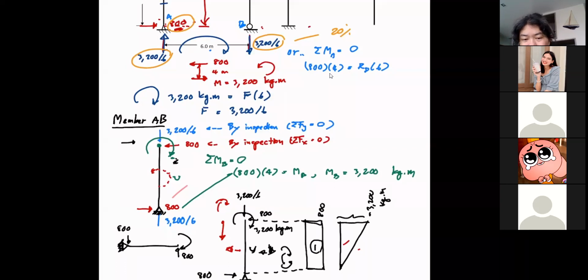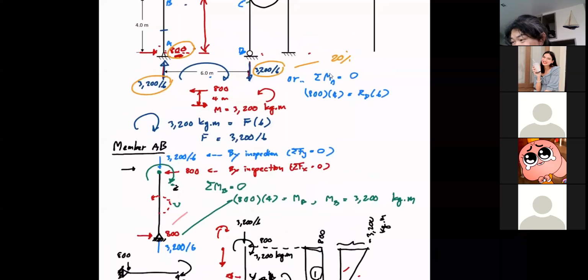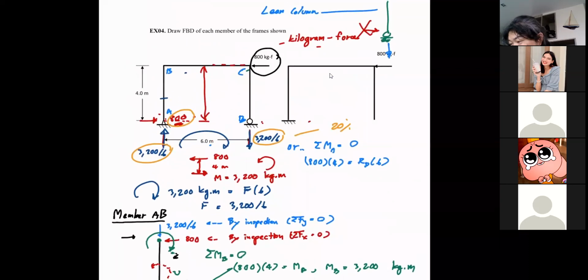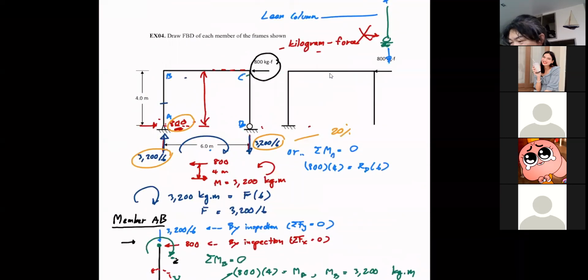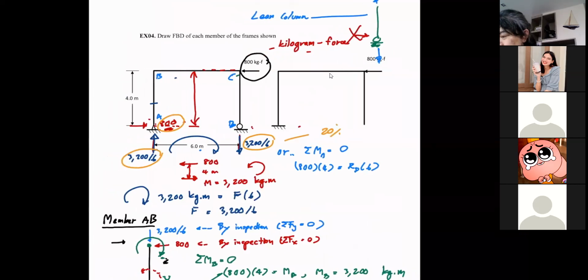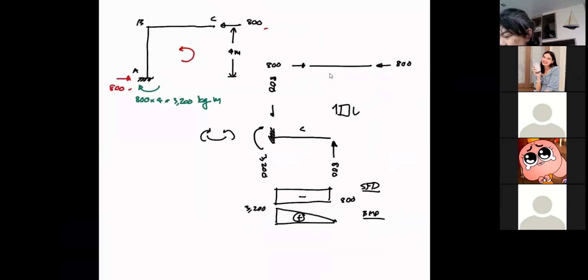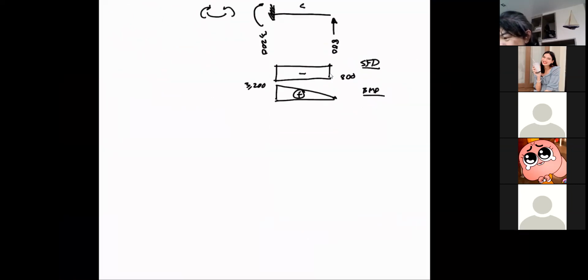So you know your compression is going to be on this side, and you know that your member is being pushed like that. So, okay, what's going to happen? I think I need a new page. Maybe this is good enough.